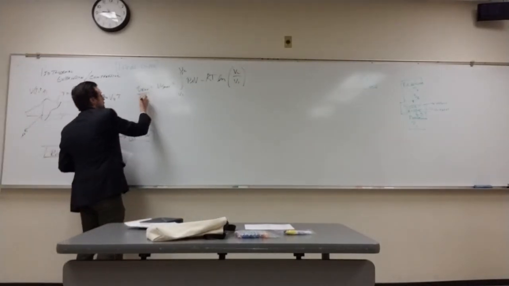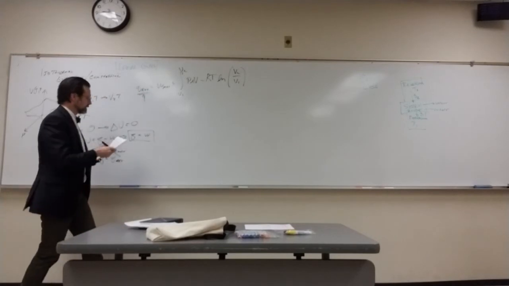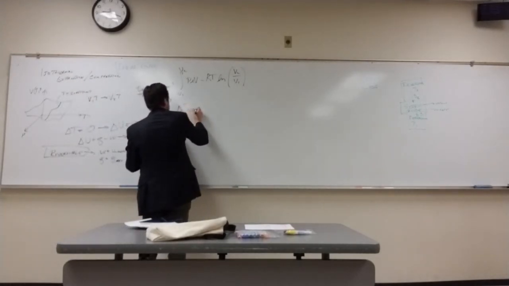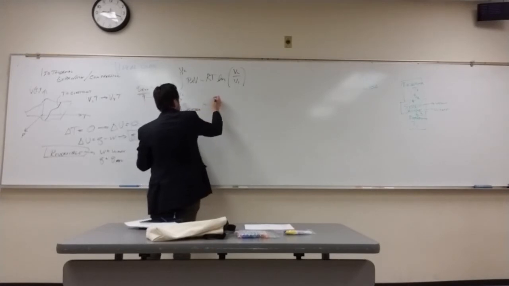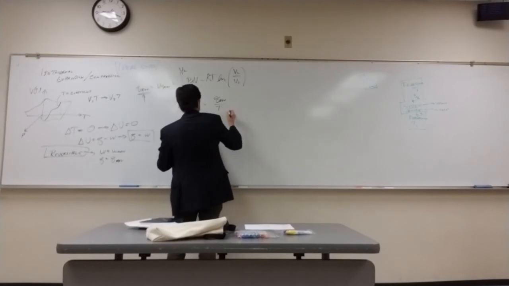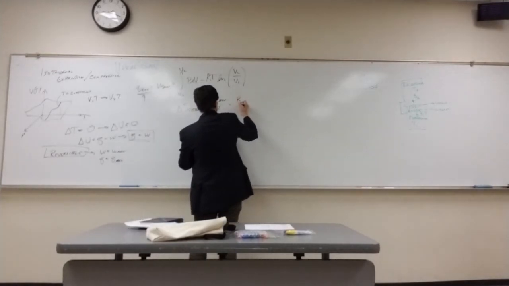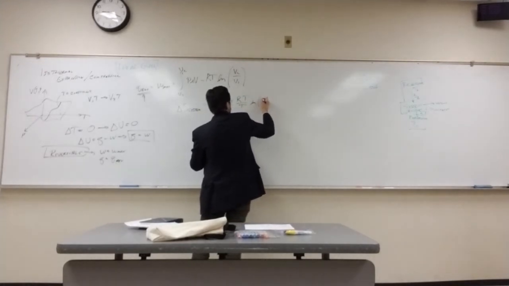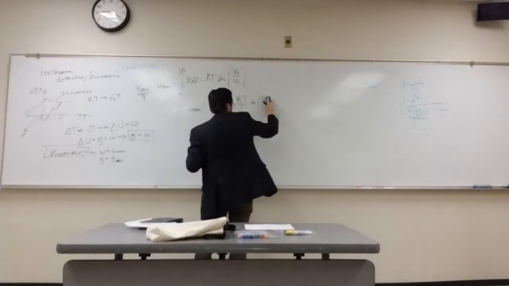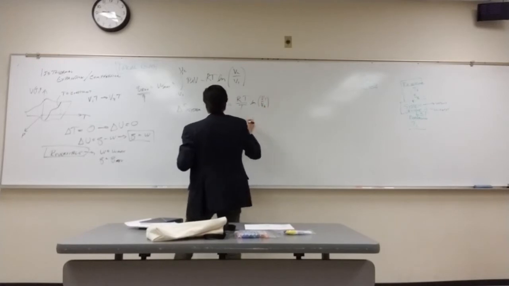And because we have the reversibility of the work, we have delta S of the system is equal to Q rev over T, which is RT over T ln of V2 over V1.